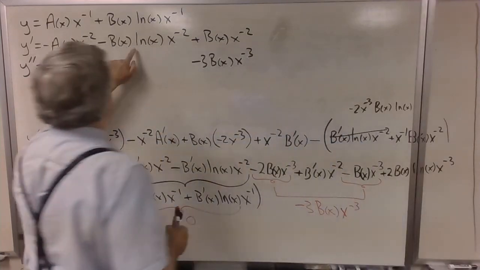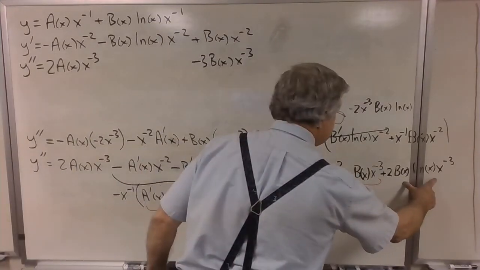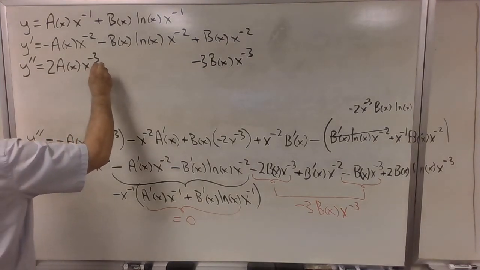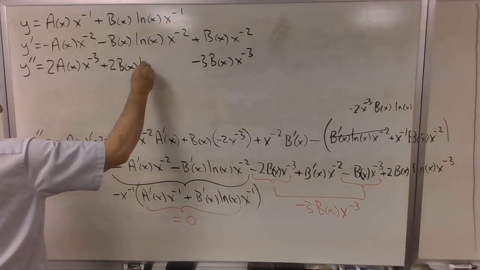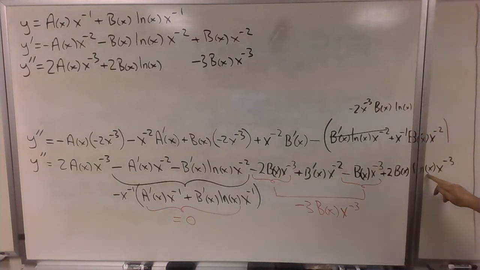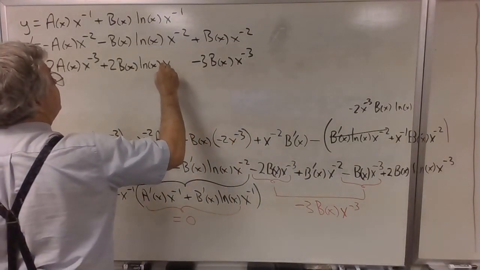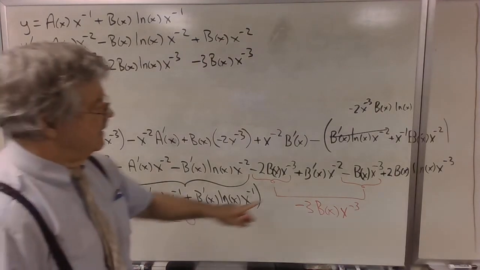looks an awful lot like this term. So I'm going to take this term and stick it right here. So plus 2bx natural log of x, x to the negative 3. So it looks like the only thing I haven't accounted for is this guy.